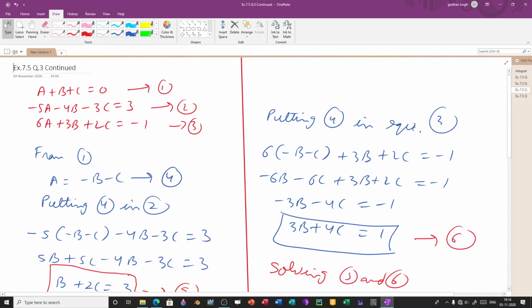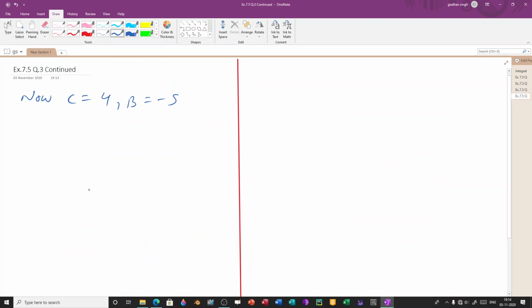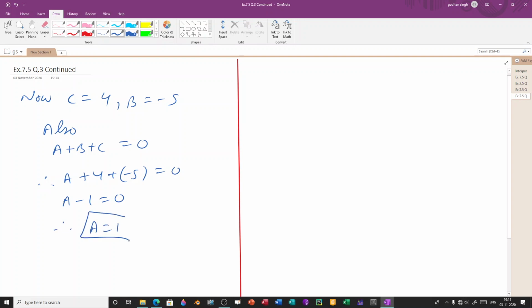We have a plus b plus c equal to 0. Putting the values of b and c, a plus 4 minus 5 equal to 0. That means a plus 4 minus 5 is minus 1, a minus 1 equal to 0. Therefore a equal to 1. So we are getting a equal to 1, b equal to minus 5 and c equal to 4.